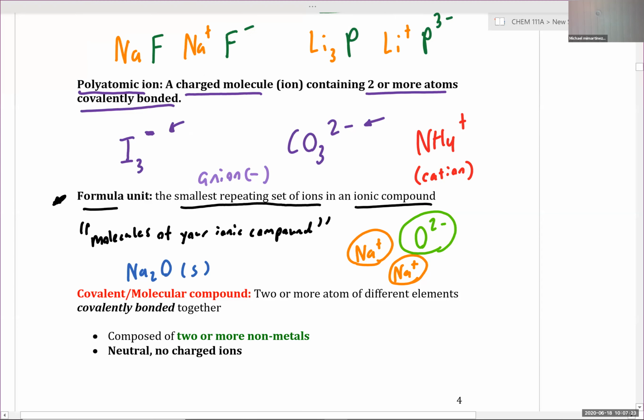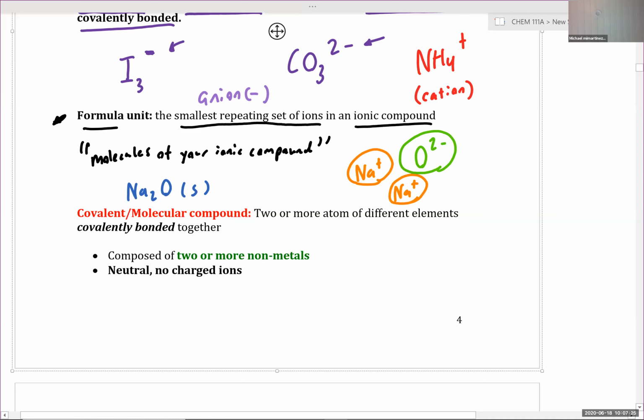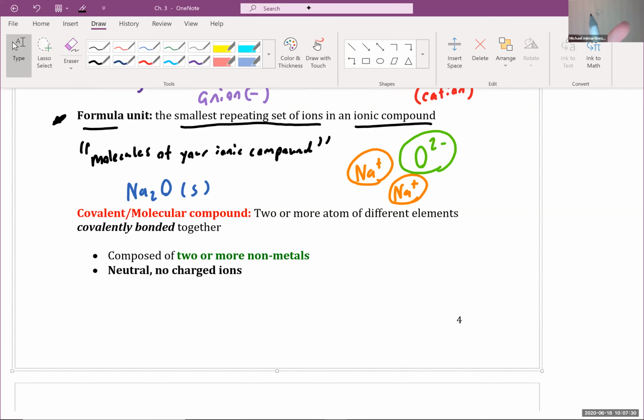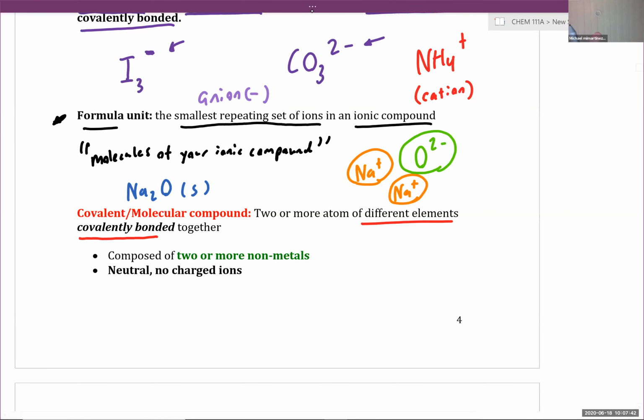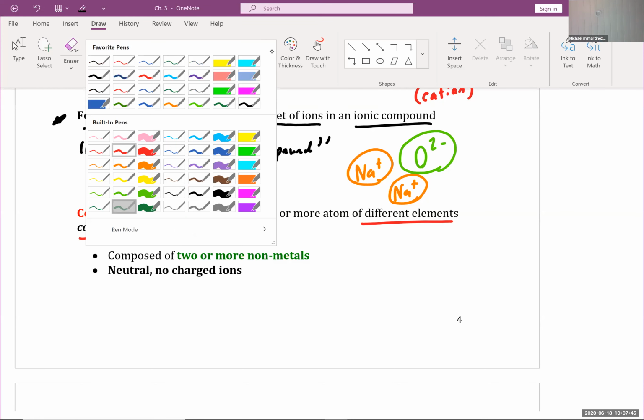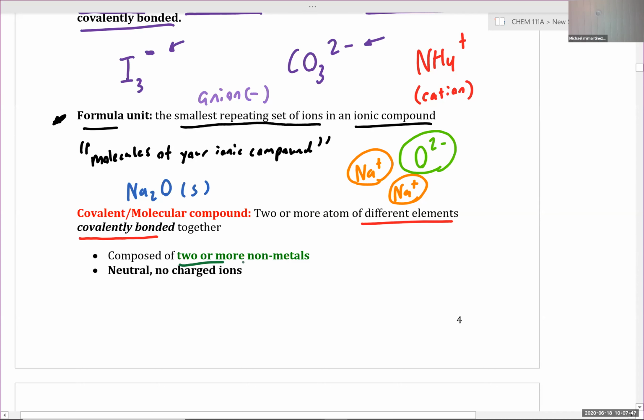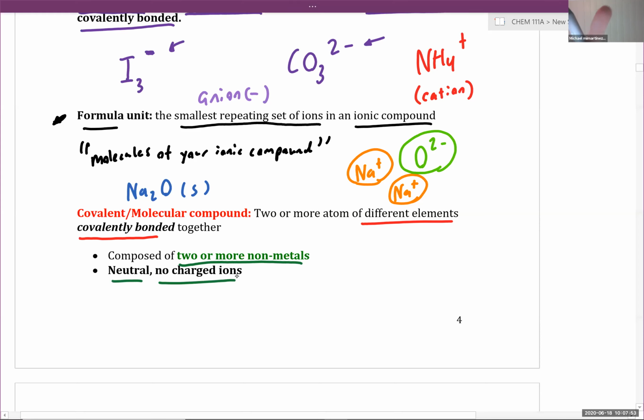Now, the next major subclass of compound is the covalent and molecular compound. We have 2 or more atoms, and as it's a compound, there are different elements, and they are covalently bonded together. Covalent and molecular compounds are overwhelmingly comprised of 2 or more nonmetals, and they're neutral with no charged ions.